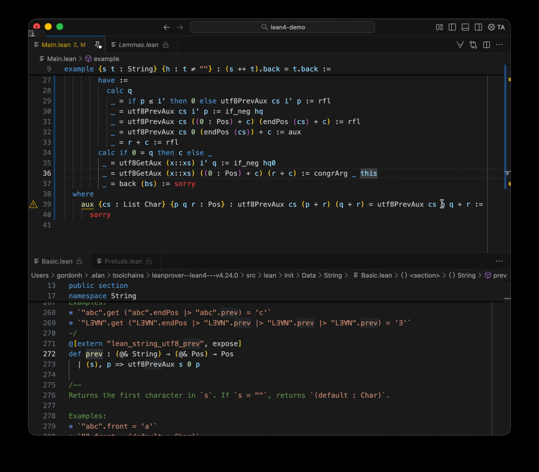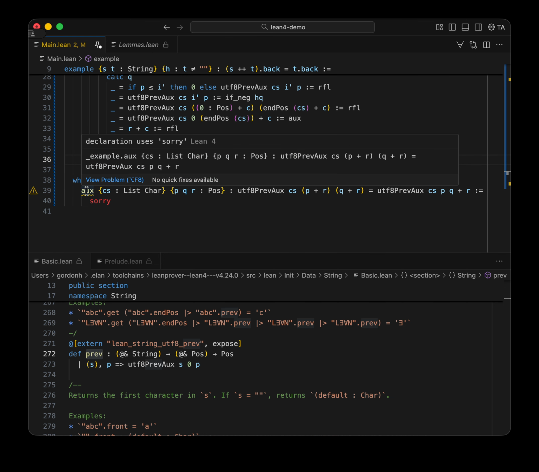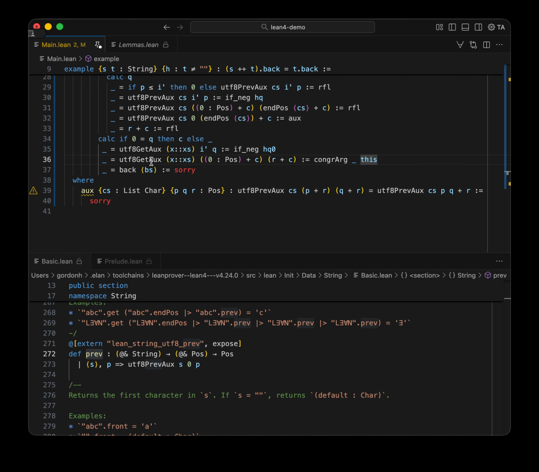Then we might want to prove another auxiliary theorem similar to this, but with regards to this function. What would you guess?